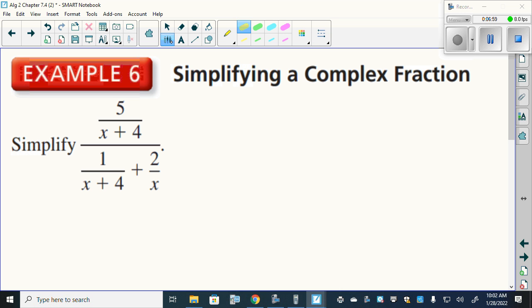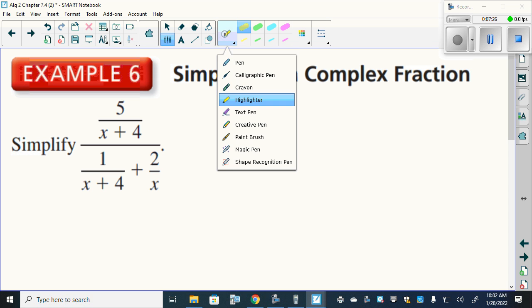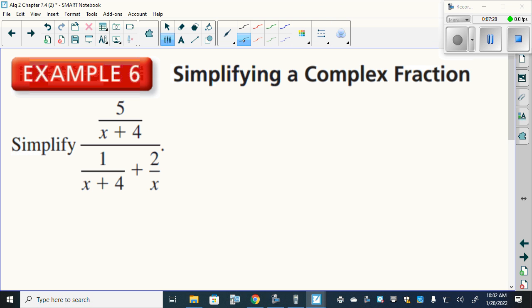Because we need to multiply the top by x plus 4, and that would cancel out every denominator in the numerator, yes? The denominator, I need to multiply it by x plus 4, and I need to also multiply it by x, yes? And that would remove all the denominators in the denominator, yes? But what we're talking about is multiplying just the top and just the bottom, yes? So what could I do? I could actually, well, if I didn't have a highlighter, I had a pen.